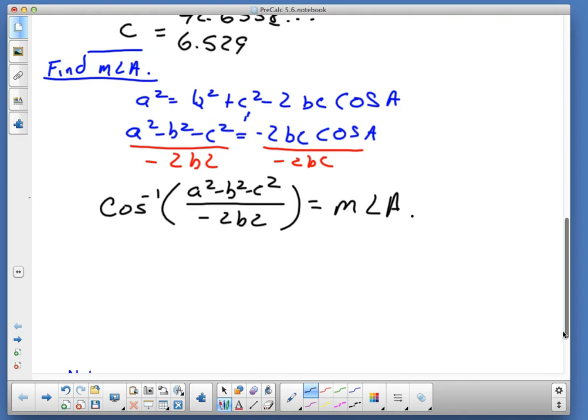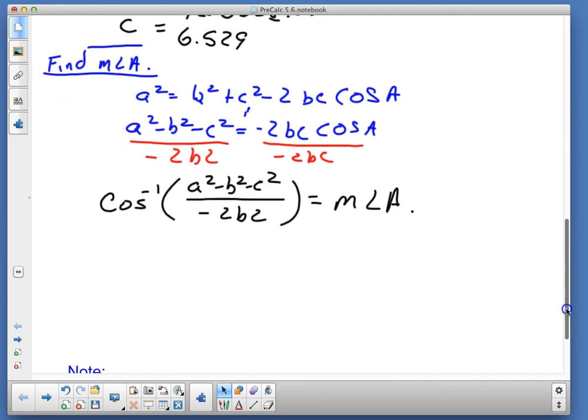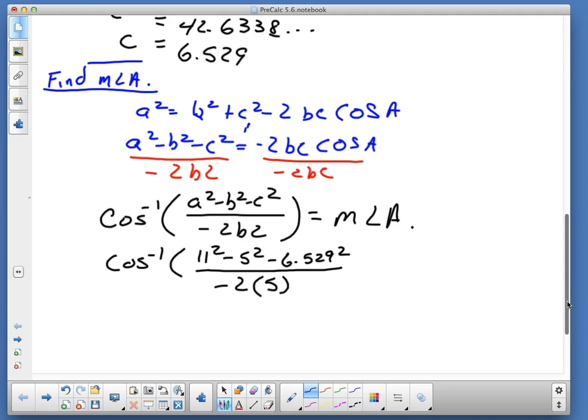Now, with that manipulation, I've got to remember the numbers from up here: A is 11, B is 5, and I found C. So I have inverse cosine of 11 squared minus 5 squared minus 6.529 squared on top, all over the opposite of 2 times B, which is 5, times C, which is 6.529, to get the measure of angle A. And now it's just me popping that in my calculator.